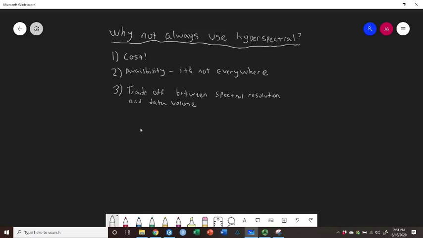As a general principle, as you increase your spectral resolution, we're talking about more bands, you increase your data volume.